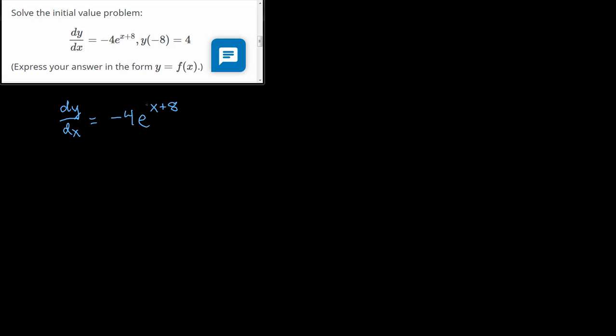So why don't I make some guesses over here in red, and then we'll check them. I know that when I find the derivative of e to the something, the derivative doesn't change very much. So I might guess that my function is e^(x+8).